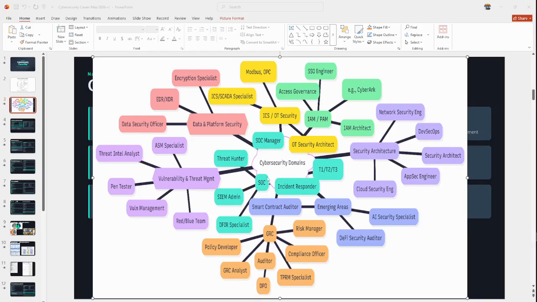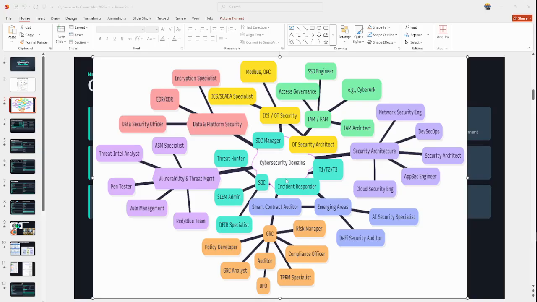You can see the data and platform security here. Then endpoint detection response here, EDR and XDR. This is where the laptops and the data field will come.